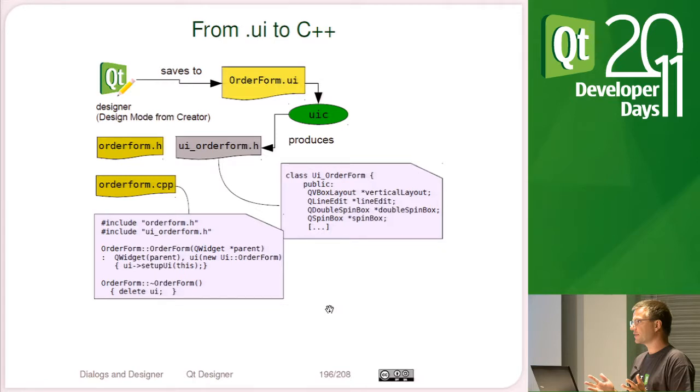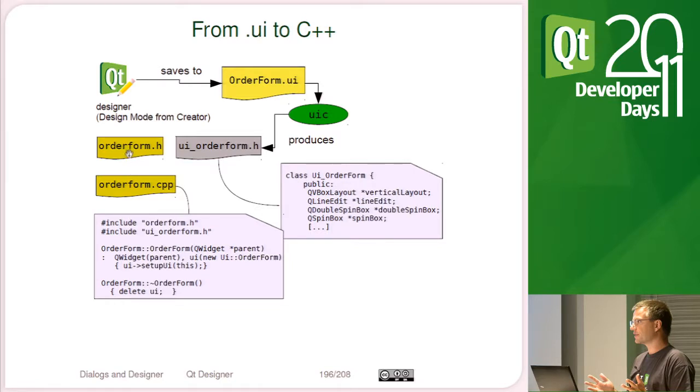So in here we see the process for these UI files. Qt Designer saves the UI file, UIC compiles it into a ui_something.h file, which will be included into your class files.